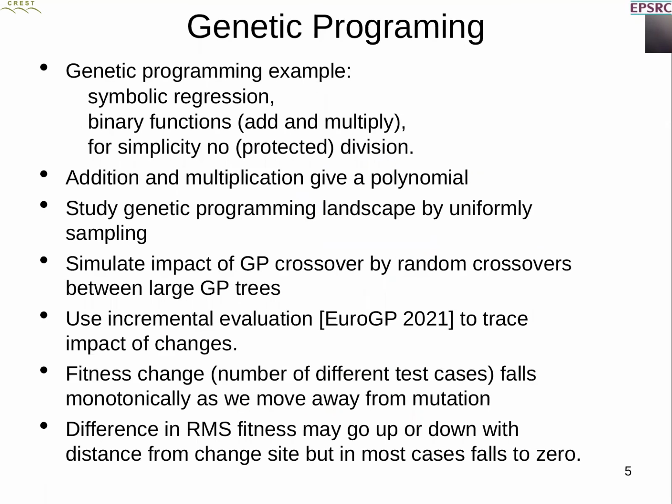In terms of genetic programming, what we're going to do is look at a very simple symbolic regression problem. Binary functions just add and multiply by themselves, give us polynomials. And what we're going to do is to study the GP landscape by uniformly sampling.